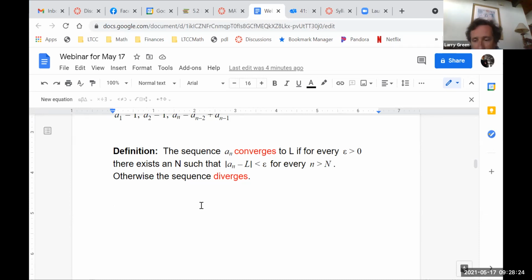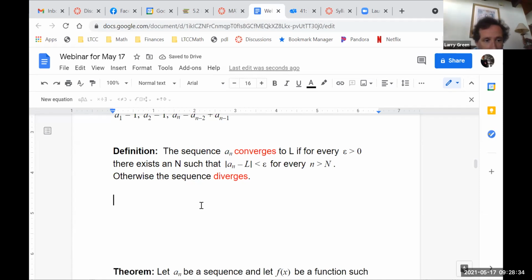Okay, any questions before I move away from this main definition? Before I do examples, or actually do a couple theorems before I do the examples. I'm going to do some obvious examples.